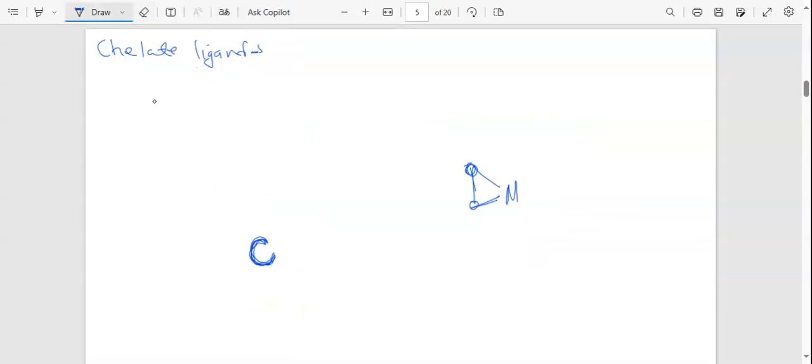So there we go. A chelating ligand is a ligand that may be a polydentate ligand or a didentate ligand.